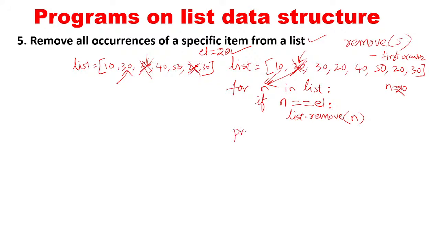Finally, if you print your list, it will have all the occurrences of the element 20 removed. It looks like this. Got it? This is how you should develop a small piece of code. You should start writing on your own.